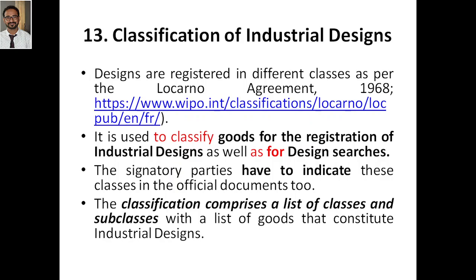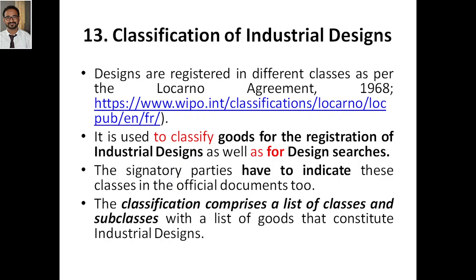Now you understand why we have to classify: in order to understand what material comes from what class. For example, if I have to register an industrial design for my company, which can produce a particular product, when I go for registration I don't have to look at all the 32 classes or however many classes they have. I should come to know in what category a particular product comes.